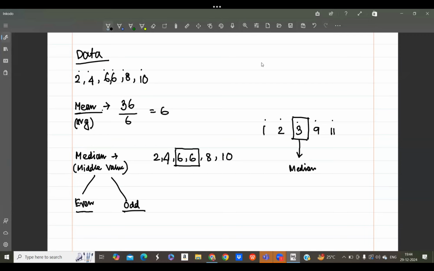But if we have even number, then we find out the average of two middle numbers. Clear? Yes, ma'am.